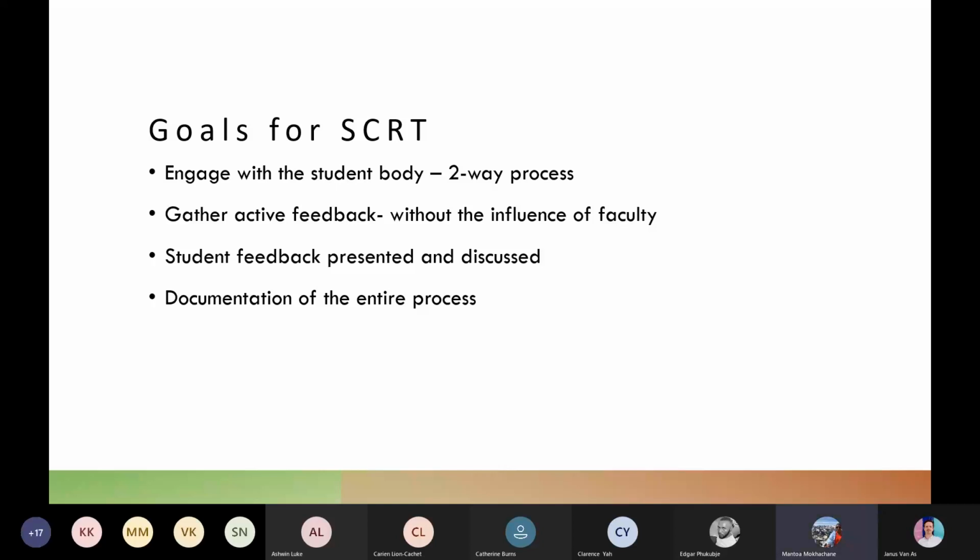After they've looked at that, they would call a town hall meeting for students to come, and this is done at lunchtime. By the way, this team is not paid to do that. There's no incentive. The main incentive is to make sure that their courses are actually improved. In that town hall meeting, they would present what was coming up as a positive, as well as where the need for improvement is.